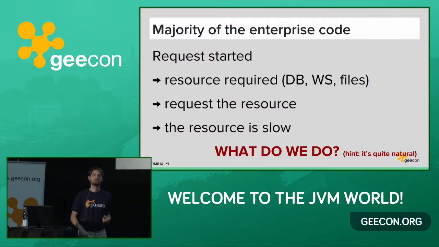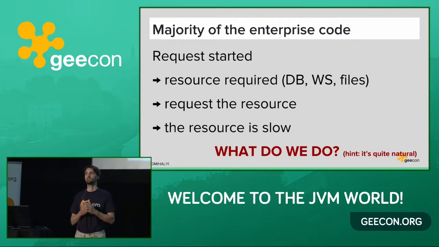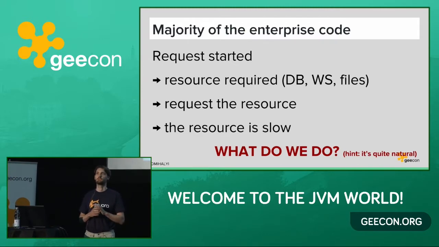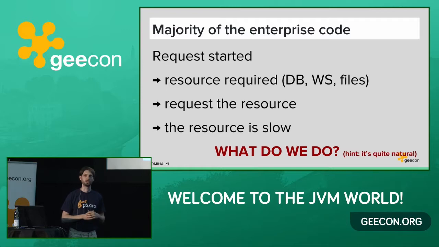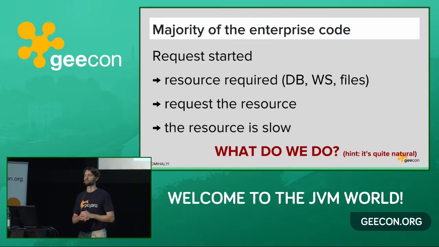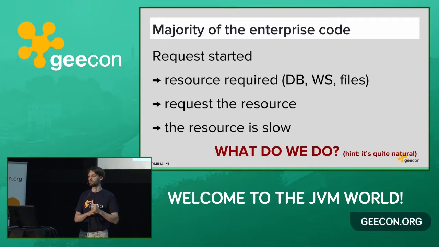But first, start with what is obvious, what is our daily job when we write enterprise applications. And if we write any other application, we don't expect that it will be used by too many users. So usually we process requests, we try to gather some data and send it as a response.